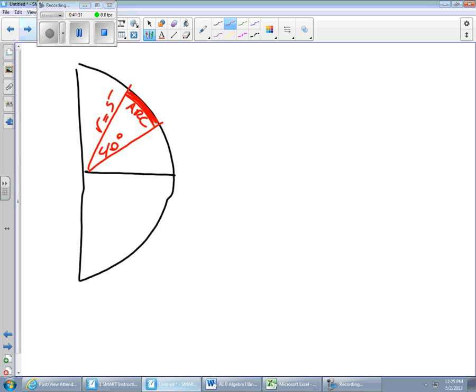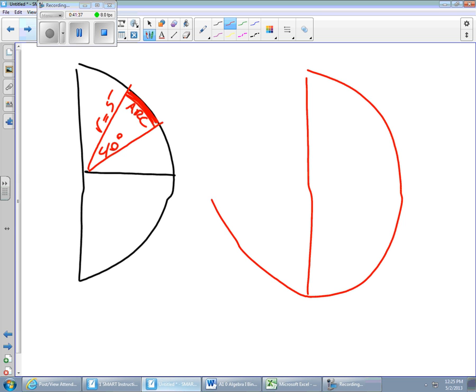Now, when you open up your foldable, basically you got this. Okay, and what I want you to do is write in there how we actually go about solving for that arc length. Okay, and there is a formula, and the formula basically says, okay, it's an arc, which is a portion of the circumference.